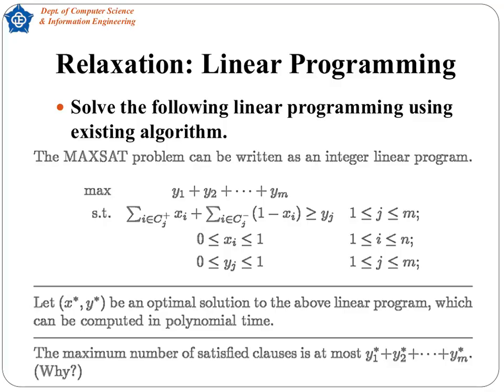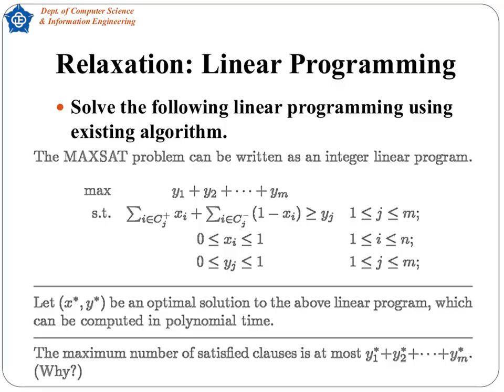To enforce clause satisfaction, we require for each clause j that the sum of x over its positive literals, plus the sum of 1 minus x over its negated literals, is greater than or equal to y. This ensures y can only reach 1 if at least one literal in clause j is true. Finally, we constrain every x and y to lie between 0 and 1.